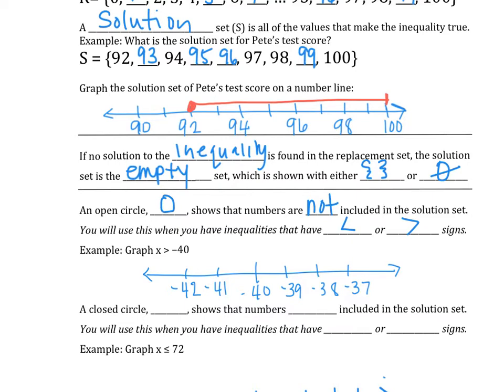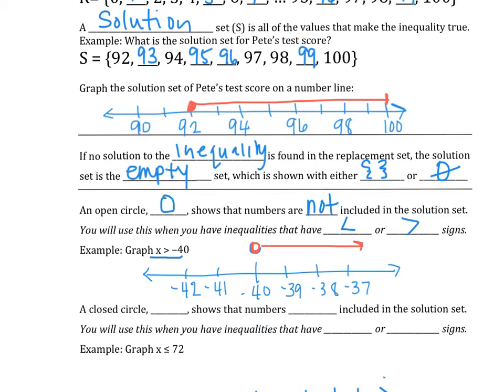For example, if we are to graph x is greater than negative 40, well, x does not equal negative 40. It's only everything greater than that. So right above our negative 40, I'm going to do this in red, we have an open circle because it does not include negative 40. It's only everything greater than that. So that's what that would look like.